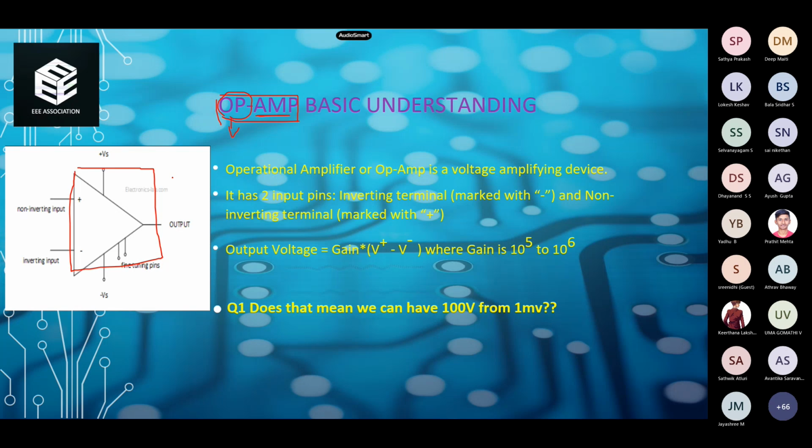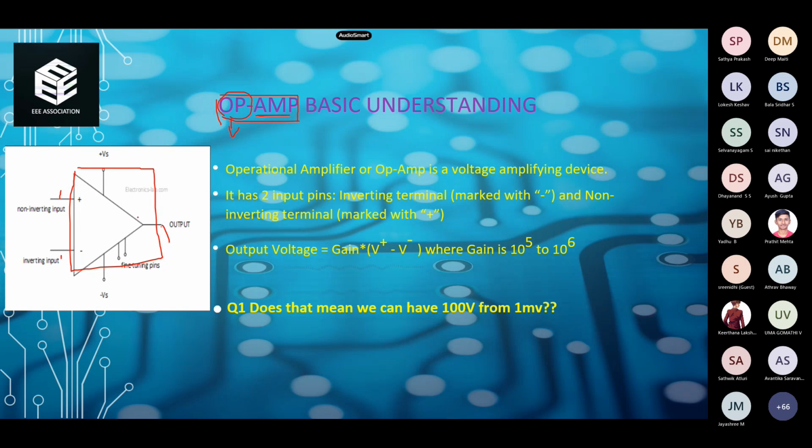Basically, we could say it is a voltage amplifying device which is used with external feedback components. We have feedback components attached from the output towards the input terminals, the plus and minus, so that we could have the desired gain, and I'm not going deep over there.